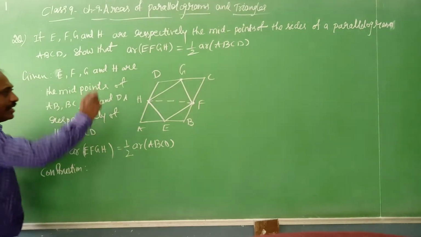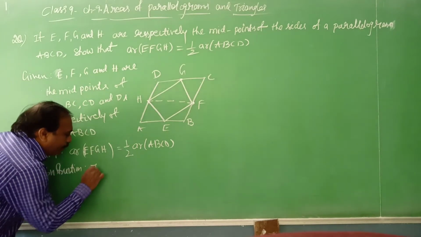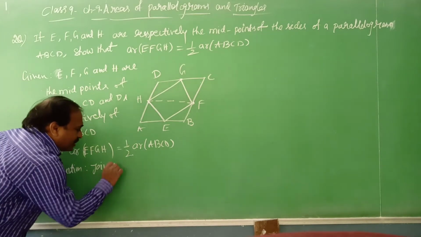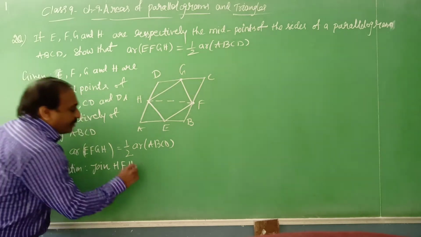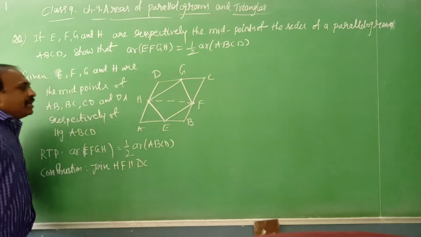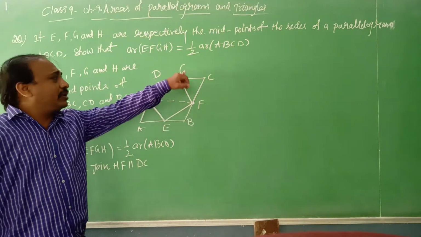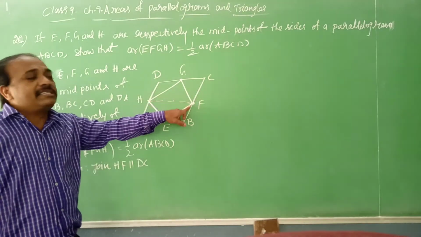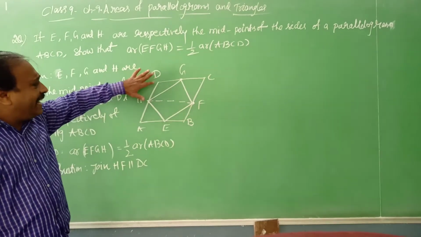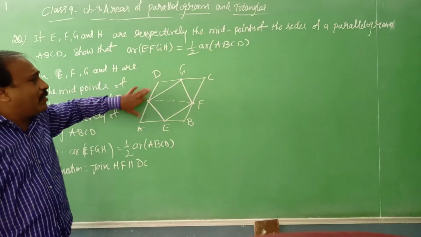So construction: join HF parallel to DC. These are exact midpoints, so DH is equal to CF.